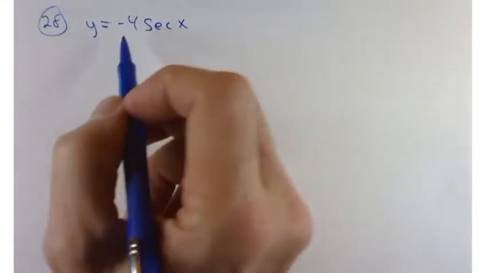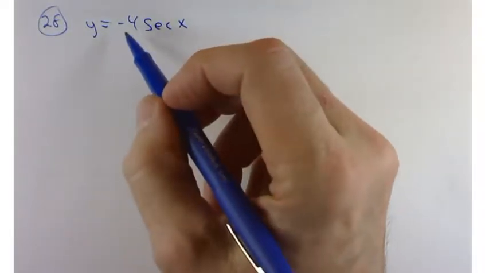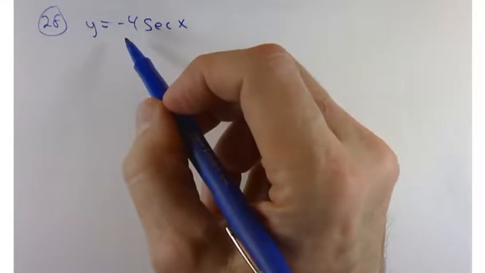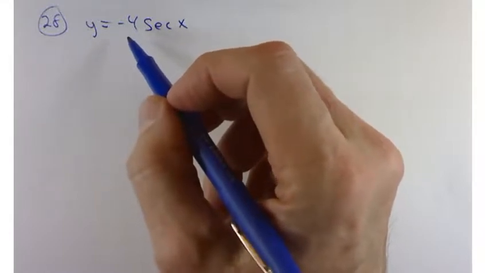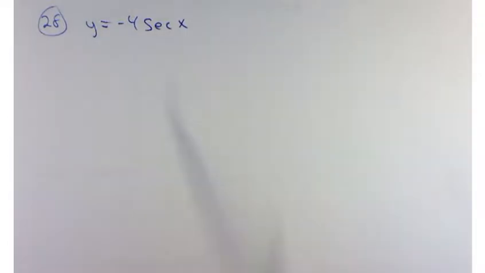Now, some of our intuition from our work with sine and cosine graphs thus far is going to help us out here. First of all, what's the negative going to do to the graph? Flip it. Yeah, it's going to flip it around the x-axis. And the 4 is going to kind of stretch things.